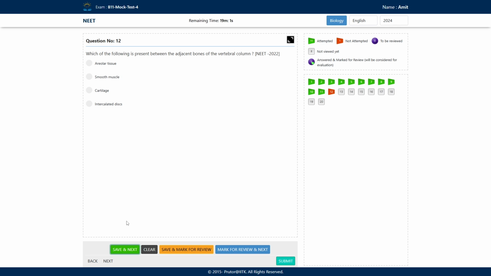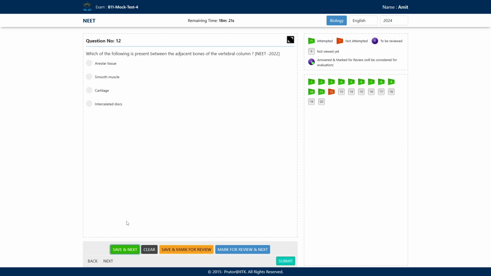You can note down, it is a specialized structure that is found in the cardiac muscle tissue that connects adjacent muscle cells, and it facilitates both mechanical and electrical communication, because the rhythmic contraction and relaxation is provided to the heart by this electrical communication. Okay. Now, you know that areolar tissue is not present there. Smooth muscles is also not present there. So, what is present actually? The cartilage.